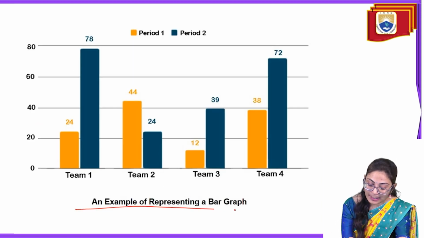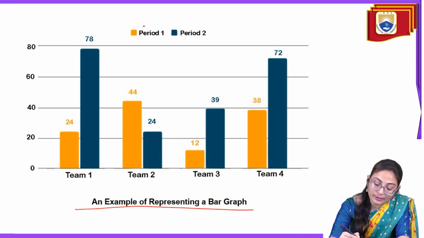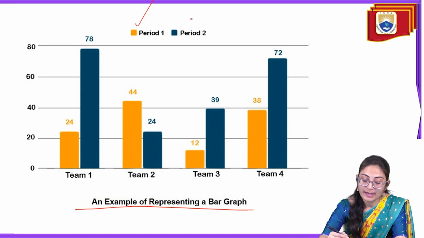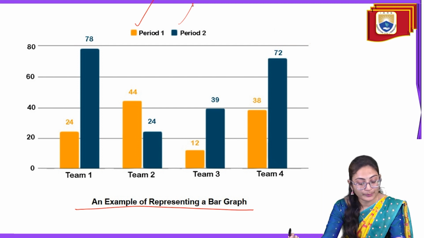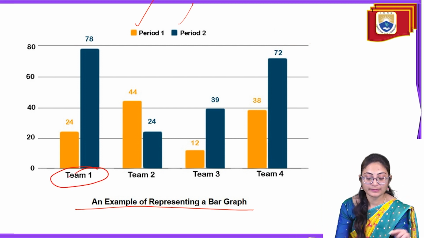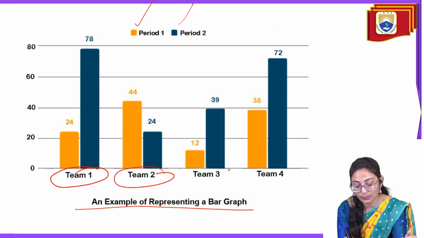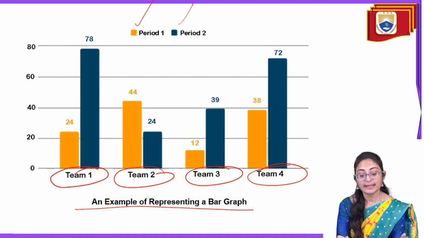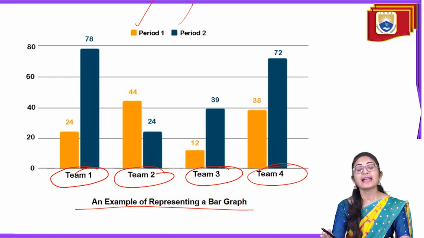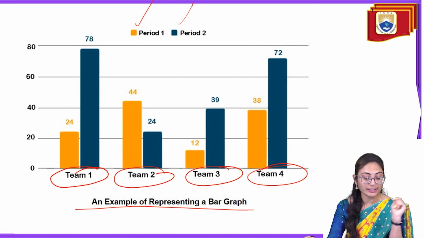Now, this is an example of representing a bar graph. Yellow color is showing period 1 and grey color is showing period 2. So team 1 has two groups, that means period 1 and period 2. Team 2 has two groups, period 1 and period 2, and likewise team 3 and team 4. There are 4 groups and every group has 2 periods, period 1 and period 2.